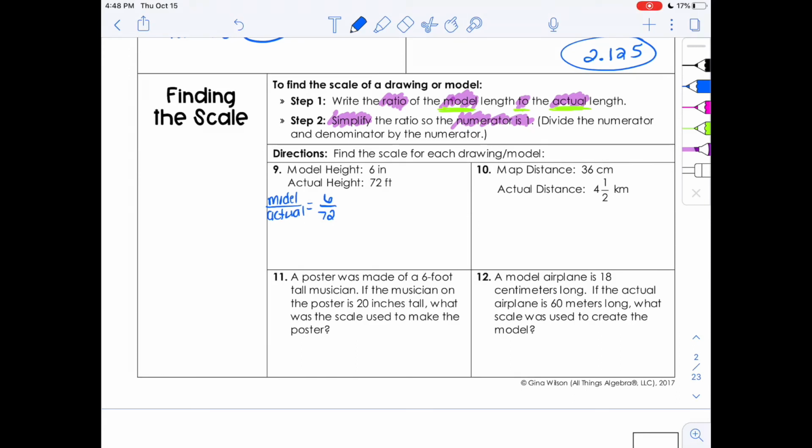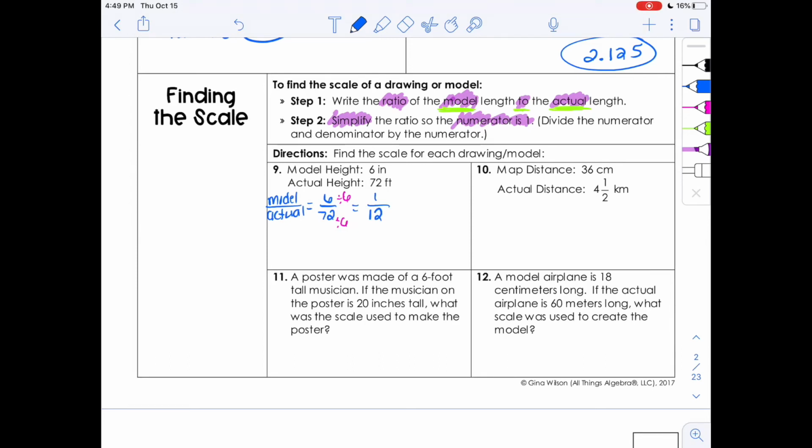We wrote our ratio comparing those two. Step 2 is we want to simplify that down so that this numerator is 1. So to simplify that down, I know that 6 is going to divide evenly into both that numerator and denominator. So 6 divided by 6 is 1, and 72 divided by 6 is 12.